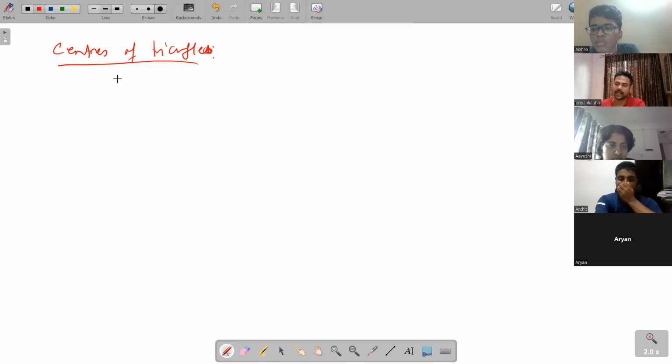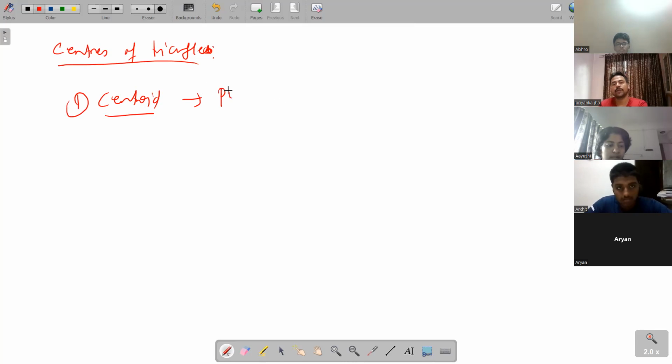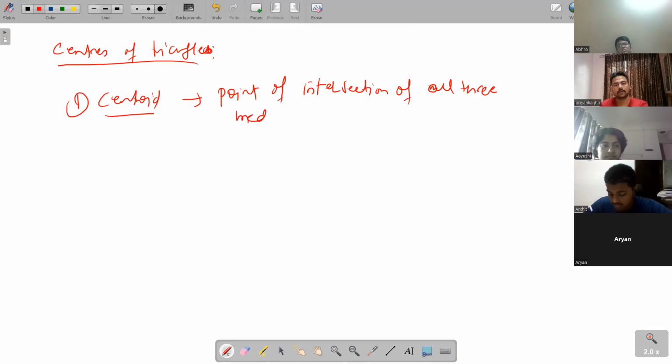There we'll prove it because the proof is very hard for now. First point, centroid. Centroid is the most symmetrical center in a triangle. Centroid is the point of intersection of all three medians. Hope you understand the meaning of medians.